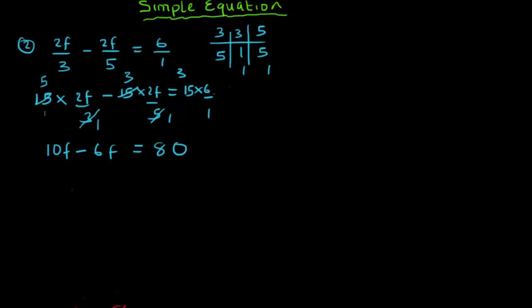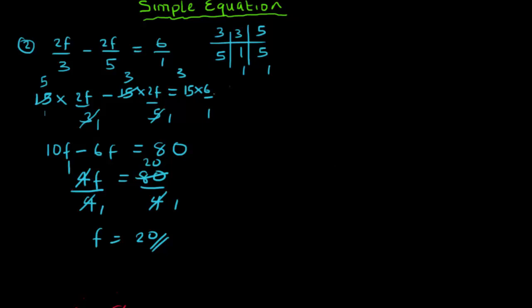So I have 10f minus 6f equals 90. 10f minus 6f is 4f, equals 90. To find f, I divide both sides by 4. So f equals 22.5. I hope you got this.